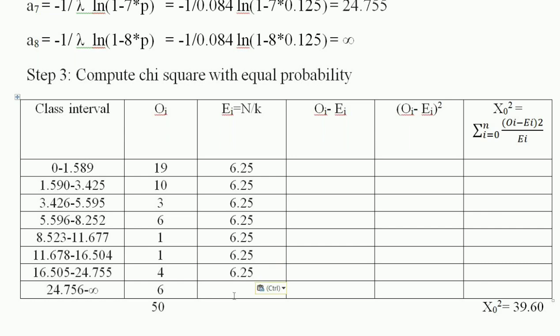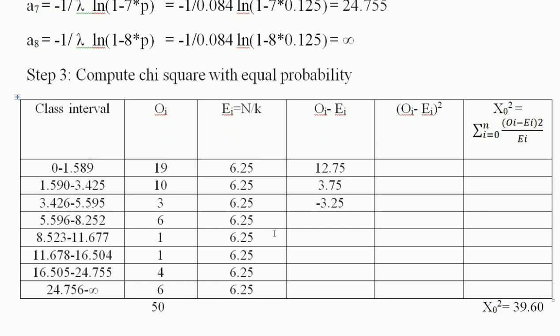Next is OI minus EI. OI minus EI, that is 19 minus 6.25. You are going to get 12.75. And again 10 minus 6.25, that is 3.75. The next value, 3 minus 6.25, you are going to get a negative value, minus 3.25.